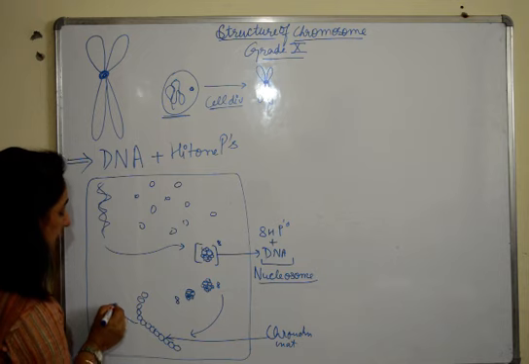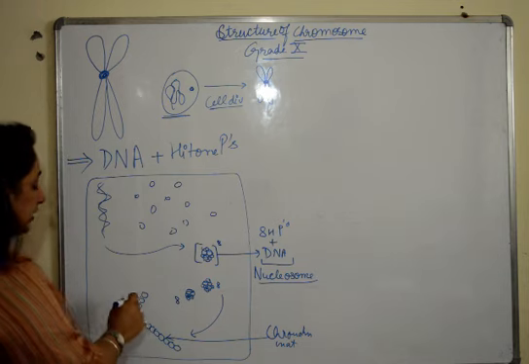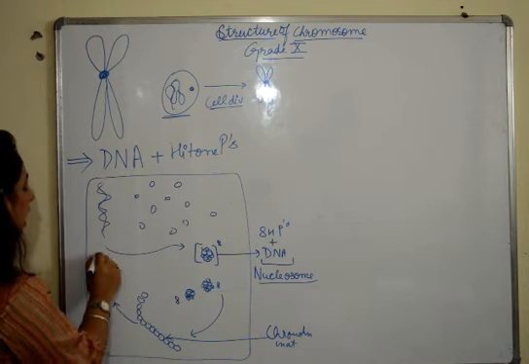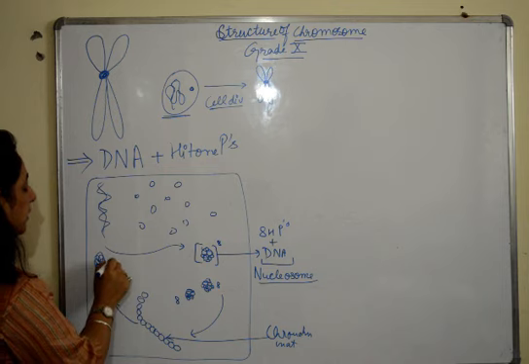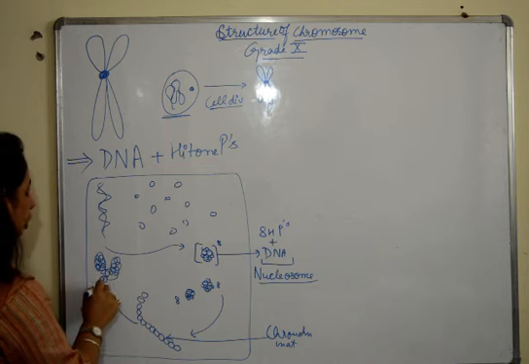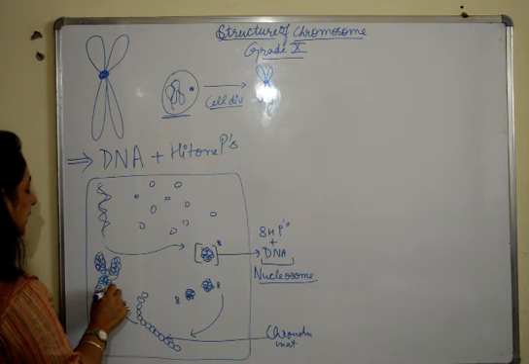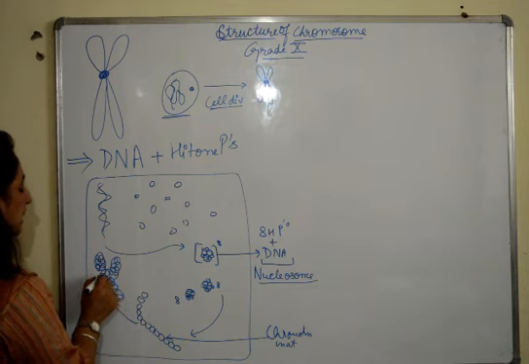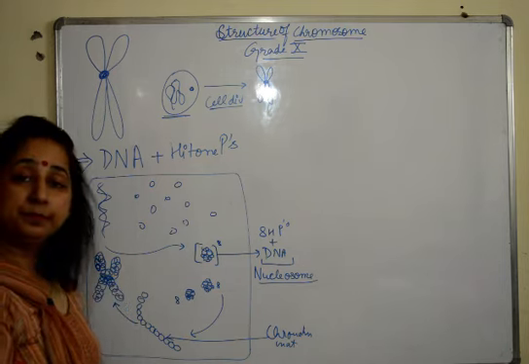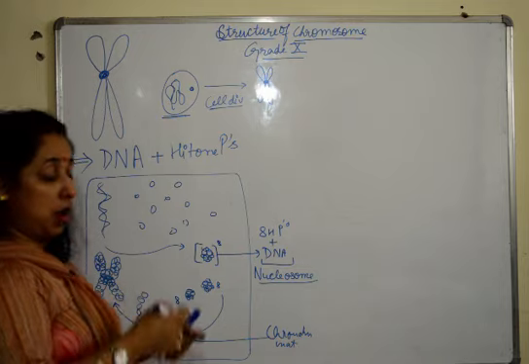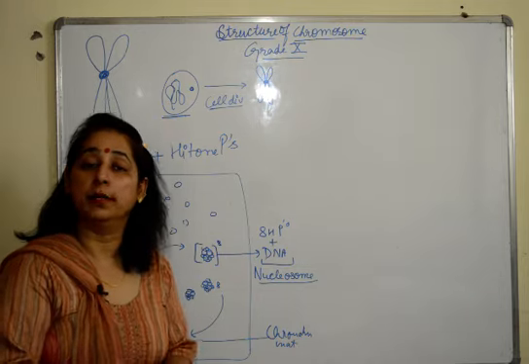Now, when the cell division starts, this chromatin material will coil and supercoil like this to form this butterfly-like structure known as chromosome. This is how a chromosome is formed.